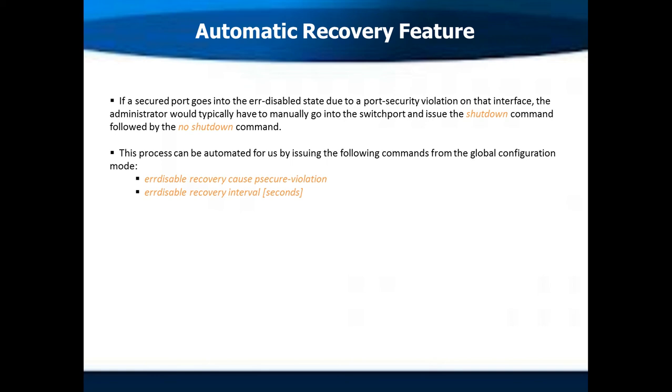And after 10 minutes, it will automatically unshut that interface for you. It's pretty convenient, and it still gets our point across that we're prohibiting that rogue or unauthorized device on our network, but we also don't have to go in every single time a user makes this mistake and no shut their interface.